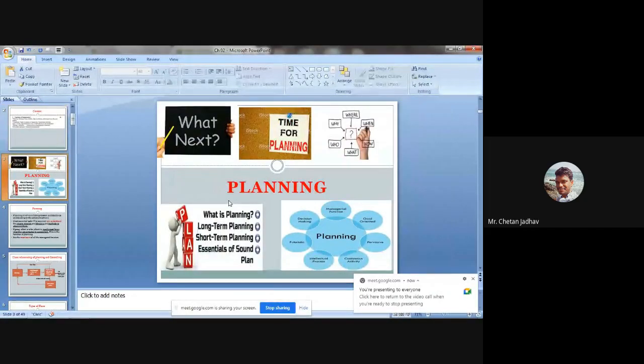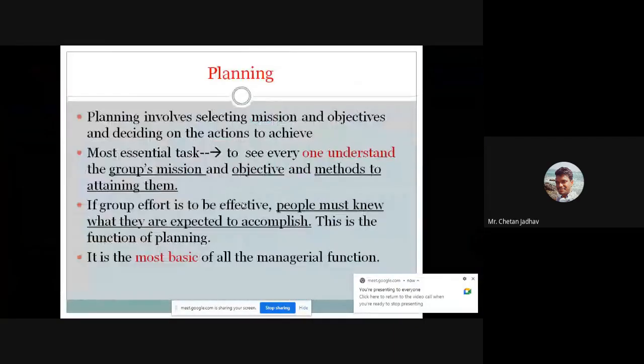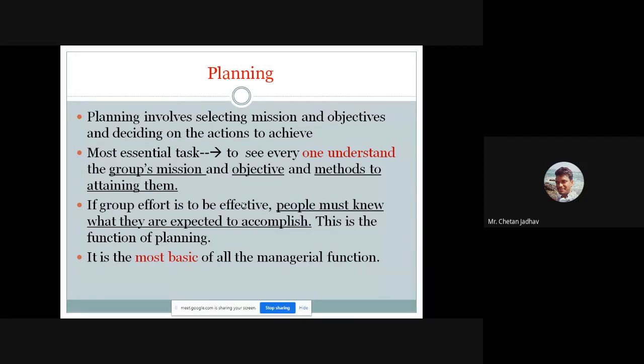We are just going to discuss what planning is. Planning is nothing but focusing on our mission and objectives, and after that taking some corrective actions for achieving our final goal or target.